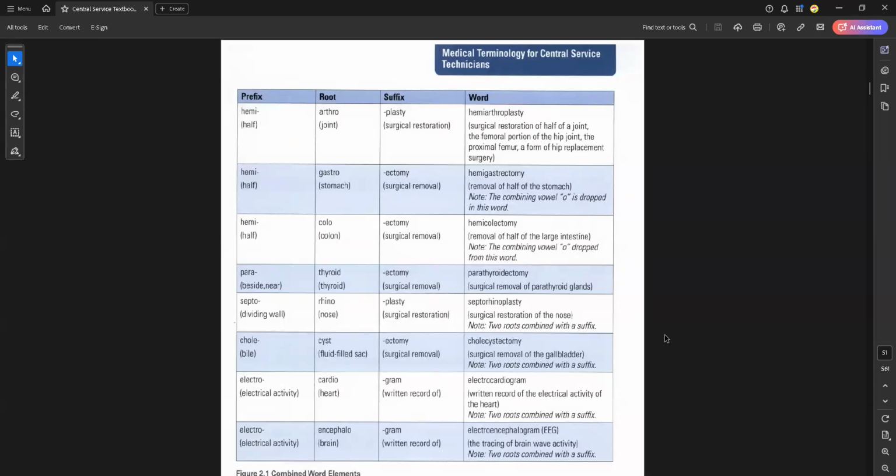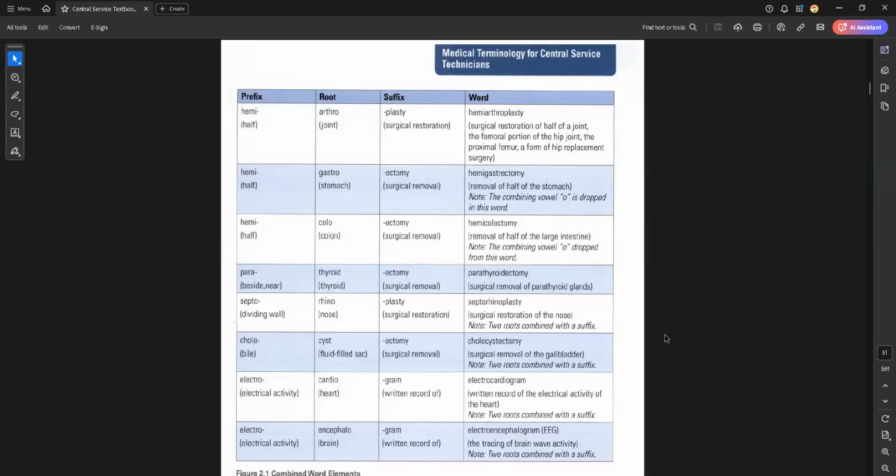It's always good to find the root. That's the arthro in the middle. Then the plasty is at the end of it, which modifies the root. It is telling you that they're going to restore somebody's joint. And it's about half of it, hemiarthroplasty. And you have it over there.